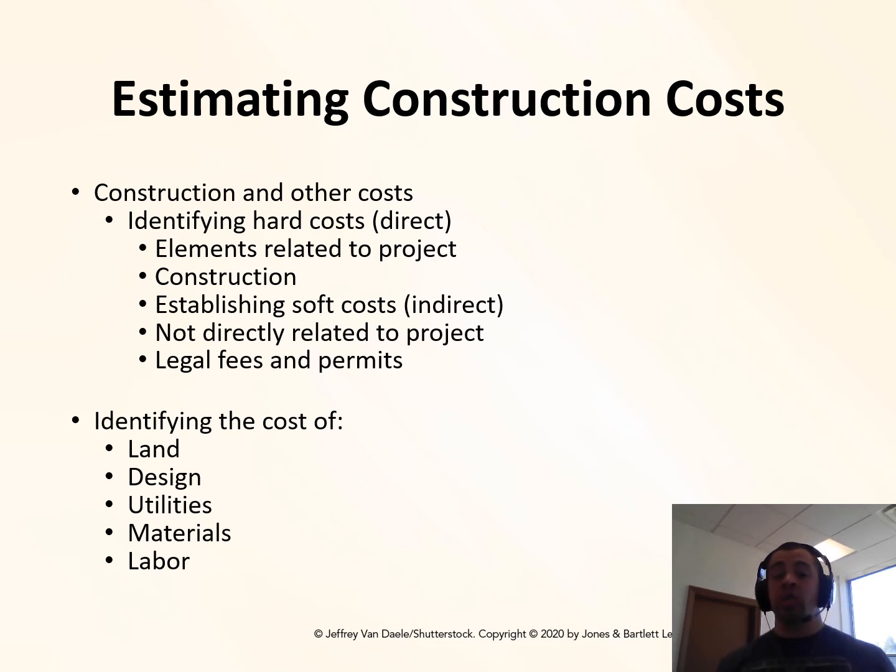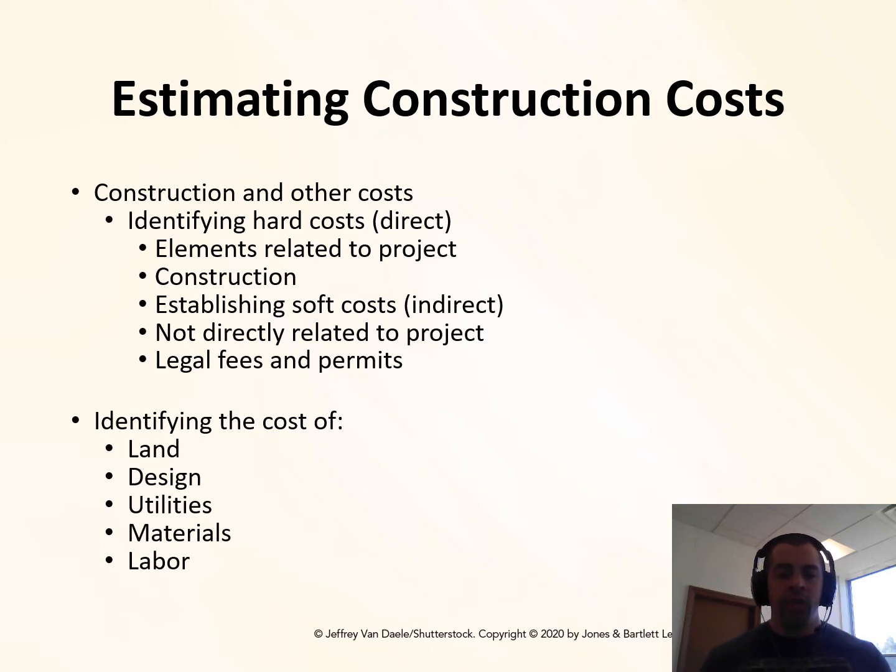The other would be soft costs, which are indirectly related to the construction of your project. Most notably, legal fees and permits are considered indirectly related to the cost of a project. So those would be considered a soft cost.